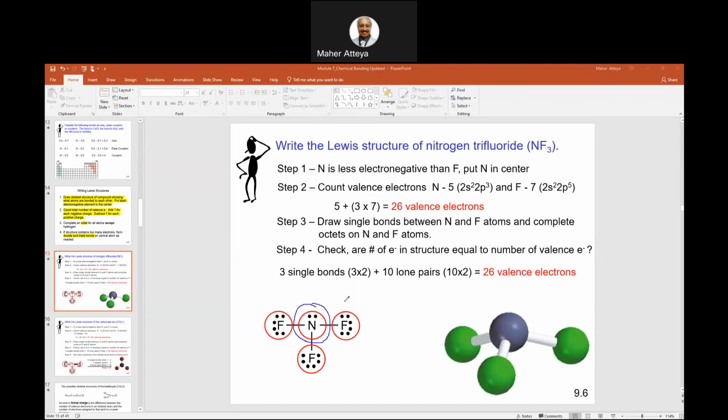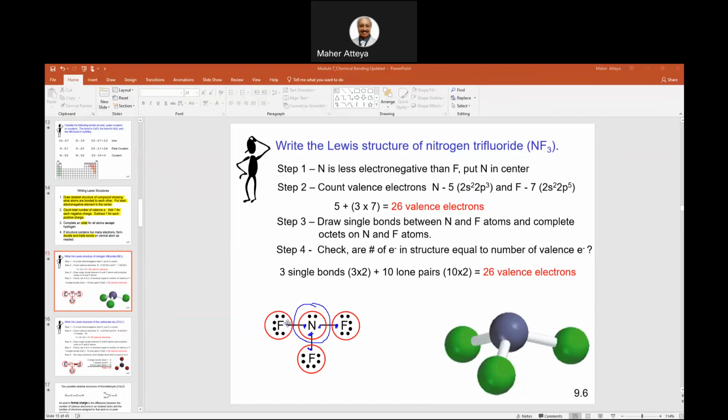That's the least electronegative. So I put it in the center of the molecule, and nitrogen has 5 valence electrons. So one here, 1 here, 1 here, and the fluorine has 7. I box them here. That's 7, and this is 7. All those 7.